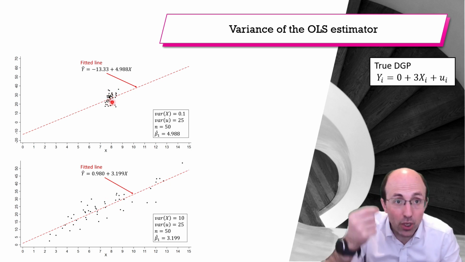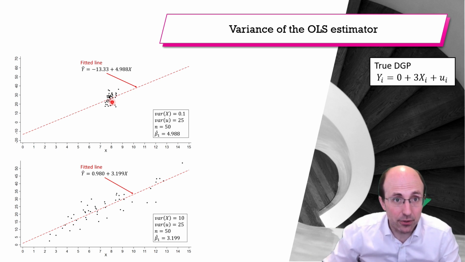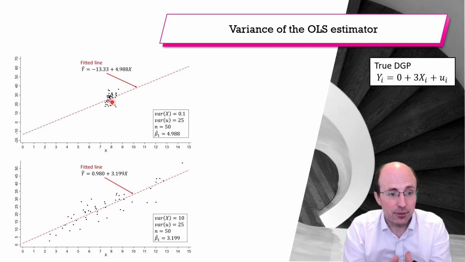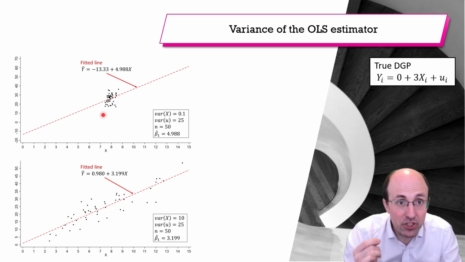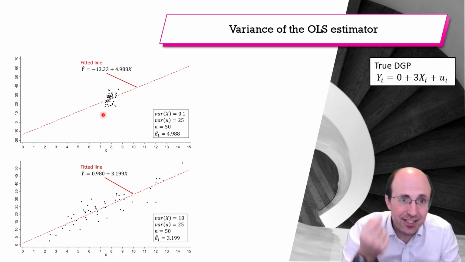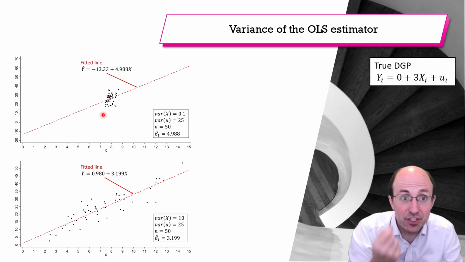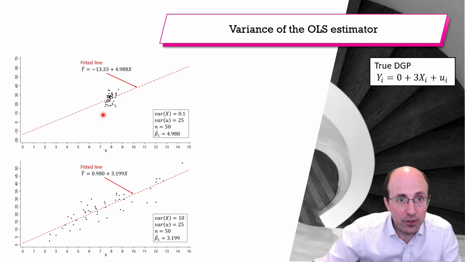There's much more noise and much less signal in the data. So in this case, we're going to get much less precise estimates. We're going to get much more variability across samples simply because we're not getting as good a signal of the relationship between the two variables.